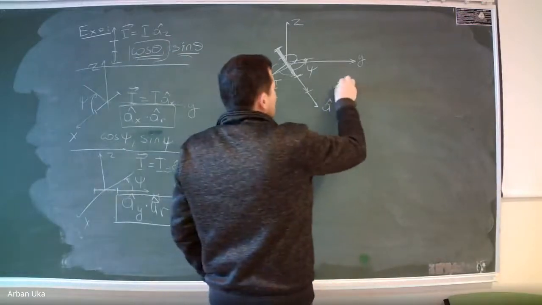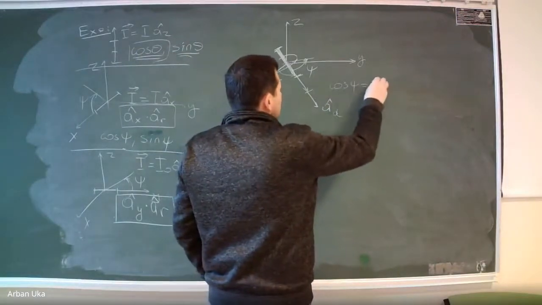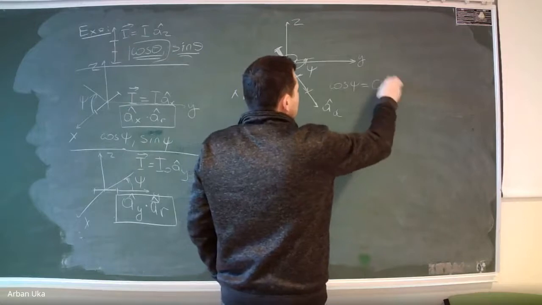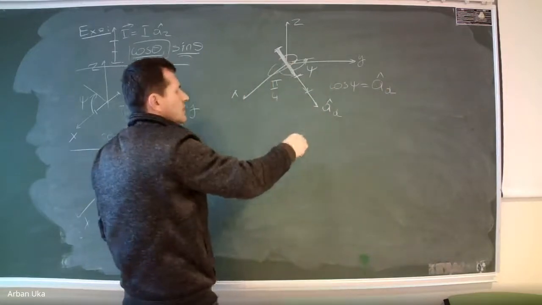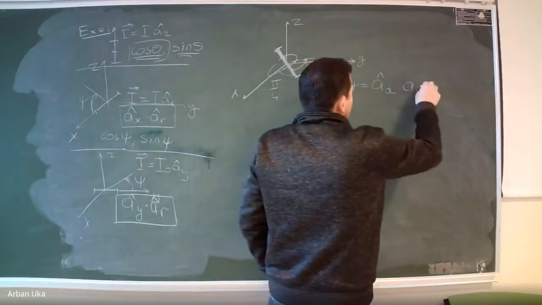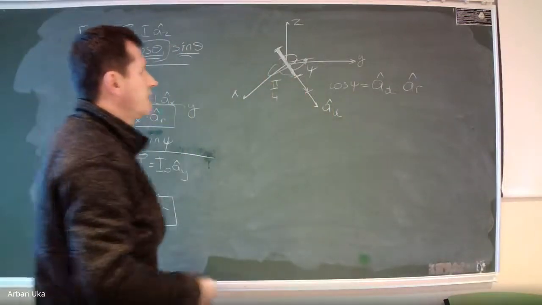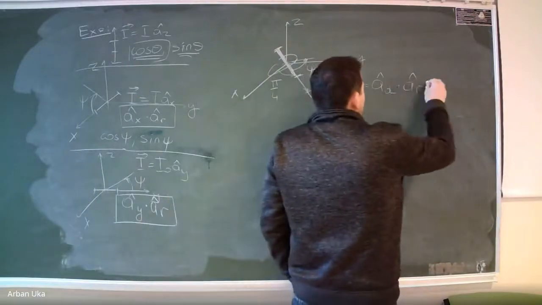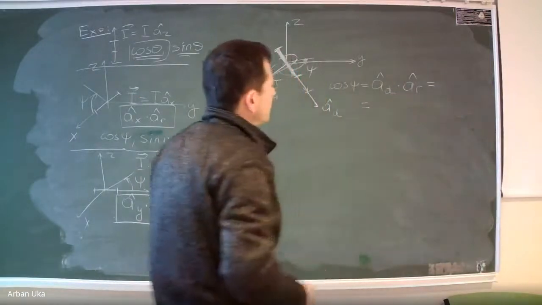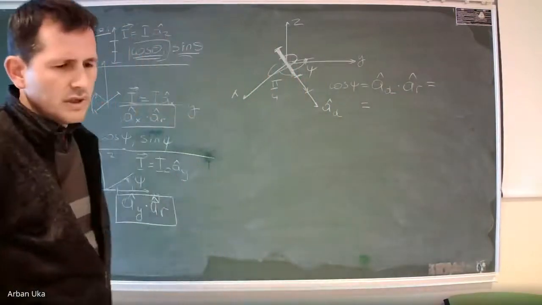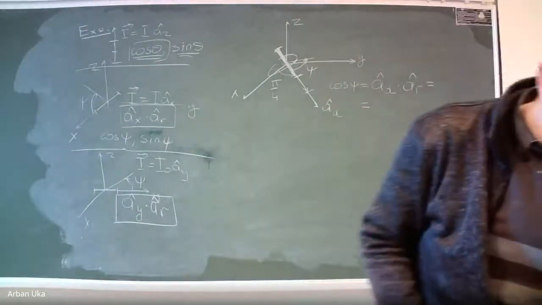Now the cosine psi here is going to be equal to the unit vector along the dipole times AR, okay? The dot product AD with AR. How can we write this in terms of AX and AY?